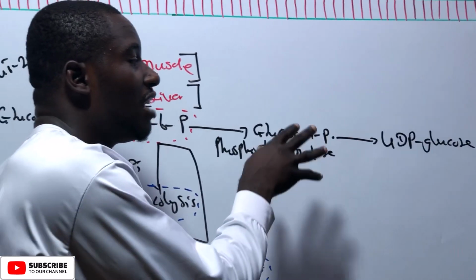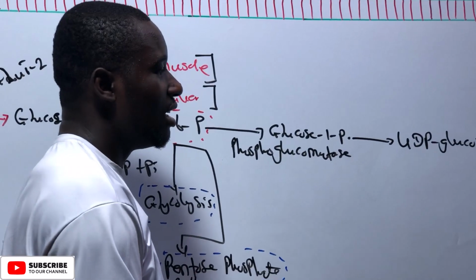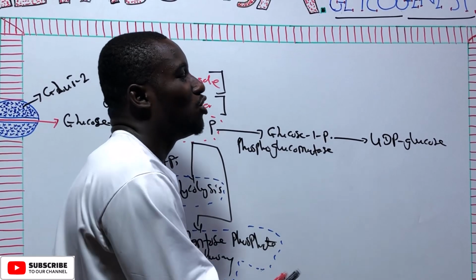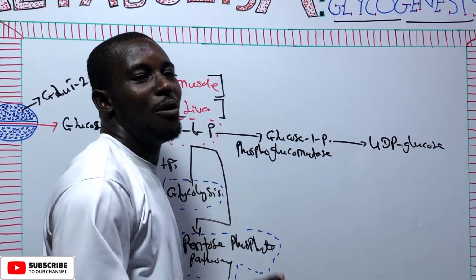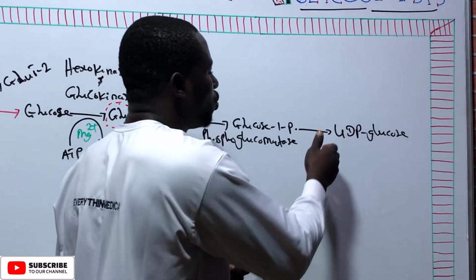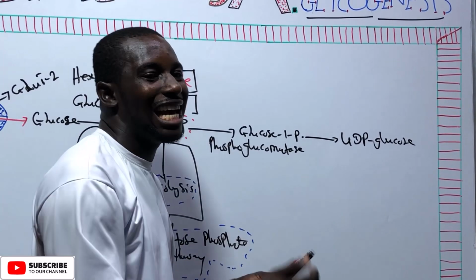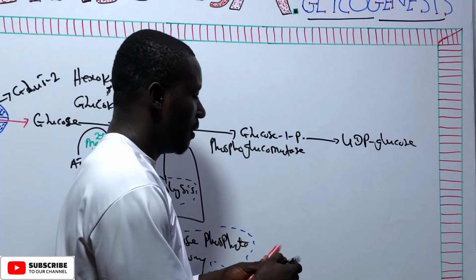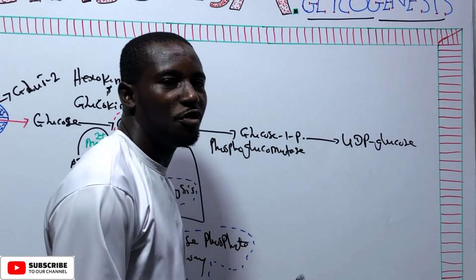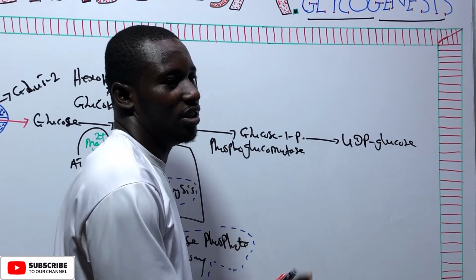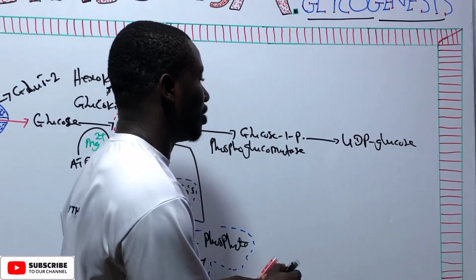This is a very important intermediate in glycogenesis. Automatically, we are going to be arriving at our glycogen formation. This step is catalyzed by an enzyme called UDP-glucose pyrophosphorylase because there is a specific energy bond in it, which I will be telling you as we proceed.